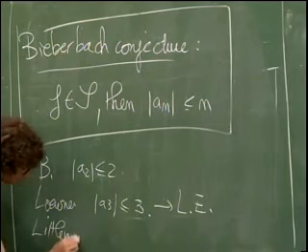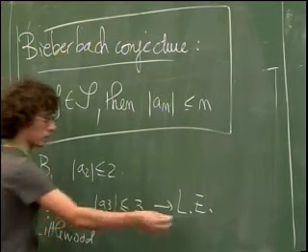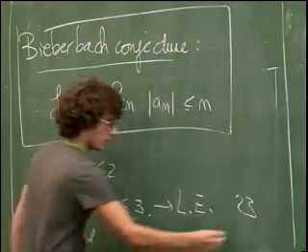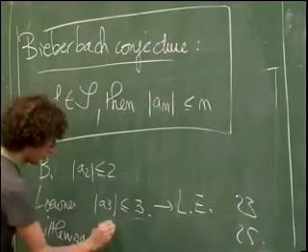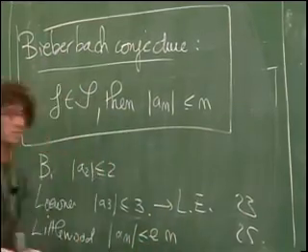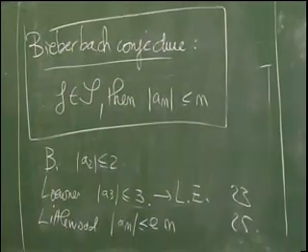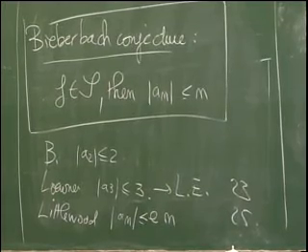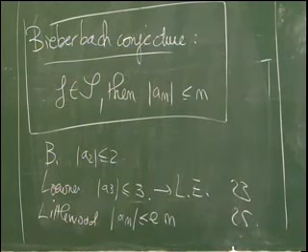Just for the story, Littlewood, so that was in 23, in 25, Littlewood proves the following thing: a_n is less or equal to e times n. So up to a constant, he had already the conjecture.